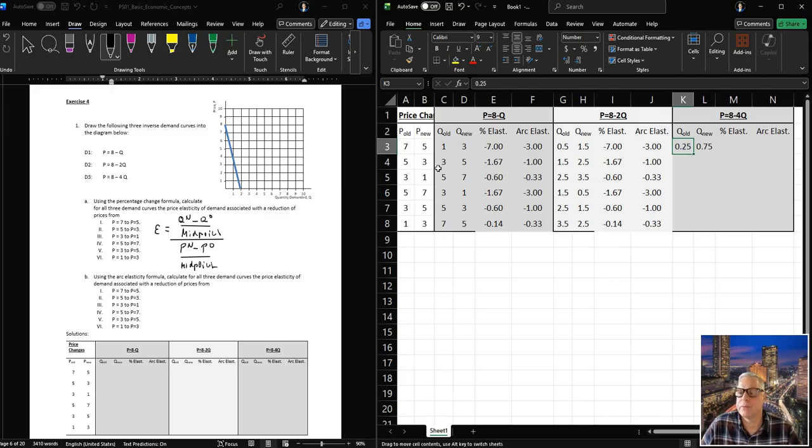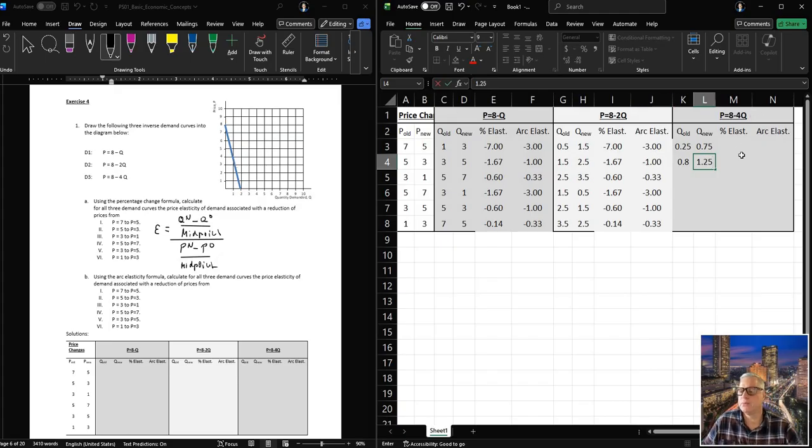And then at the price of 5, if we have here 5, it goes from 0.75 to 1.25.